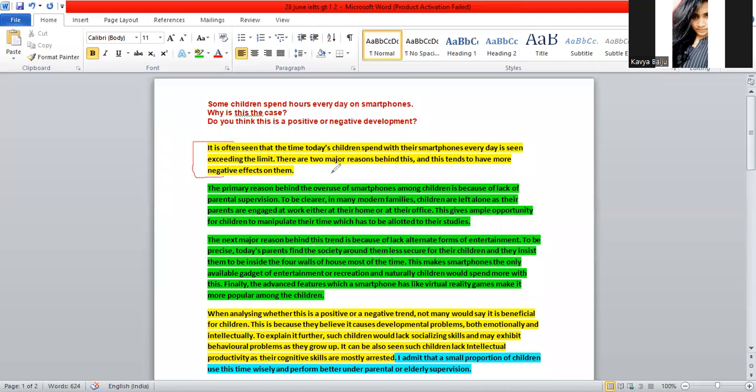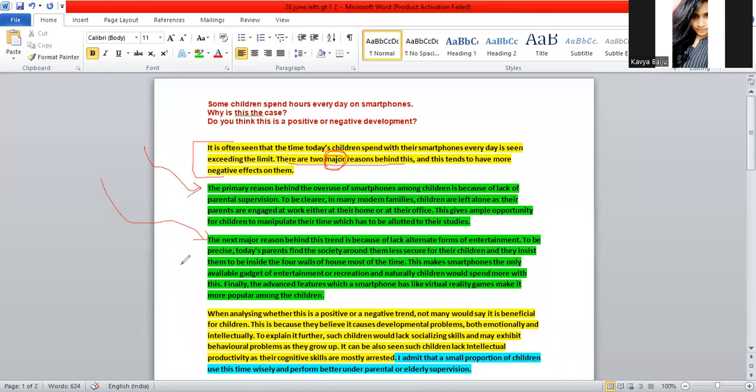Now let's go ahead with the first question. What are the two major reasons behind this? You are looking for two major reasons. You may have other reasons too, but we have to focus on two major reasons. The primary reason is the first one, and the next major reason is the second.